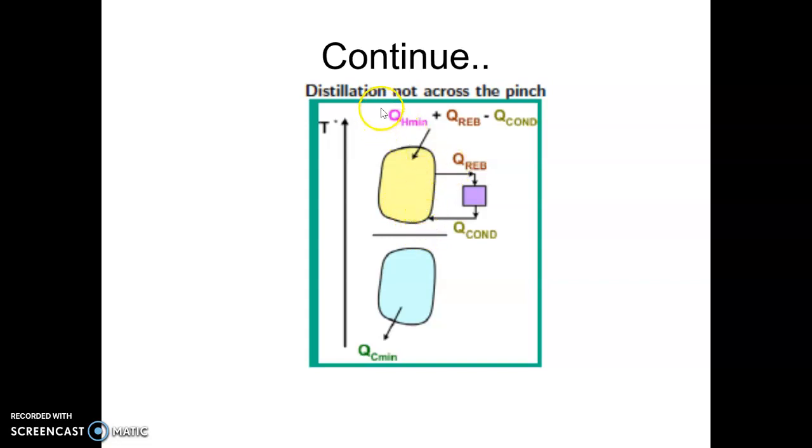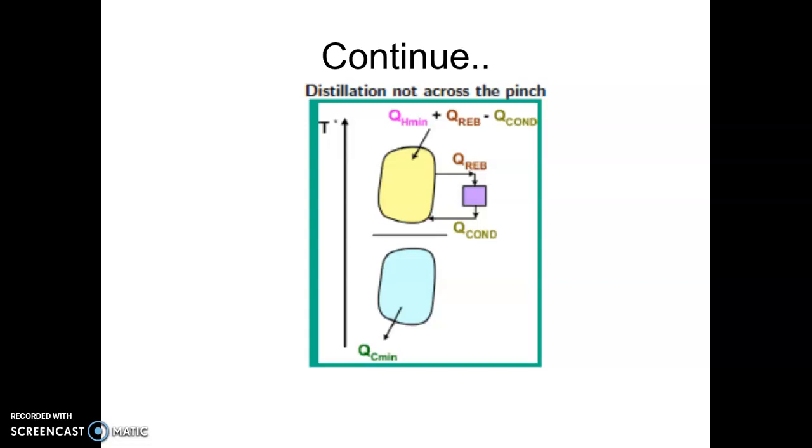So if I make the energy balance here above pinch, it is QH minimum plus Q reboiler, because when I remove Q reboiler from the process, I have to add that amount to the process, but Q condenser comes back to the process. Since we know that Q reboiler and Q condenser are more or less of the same magnitude, the difference between them is almost zero.